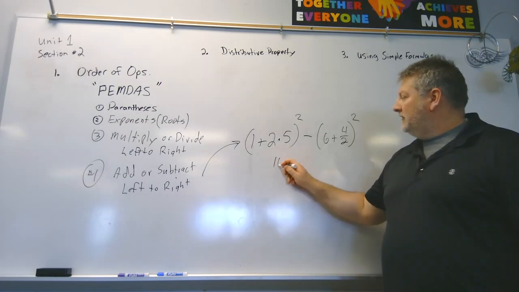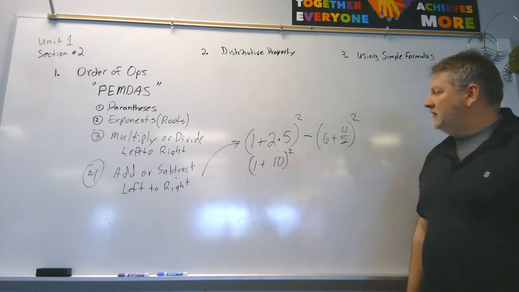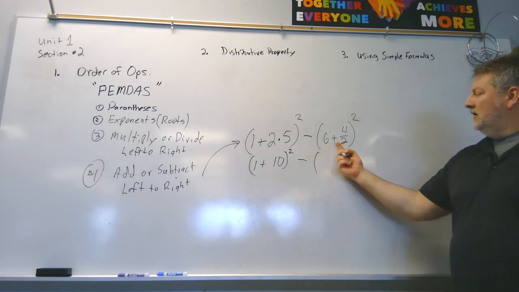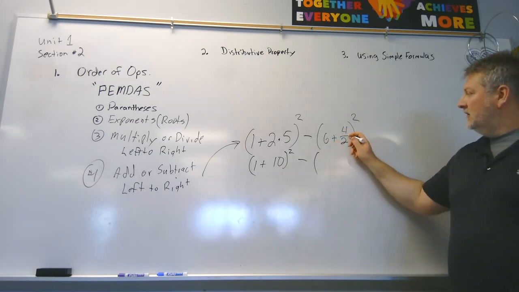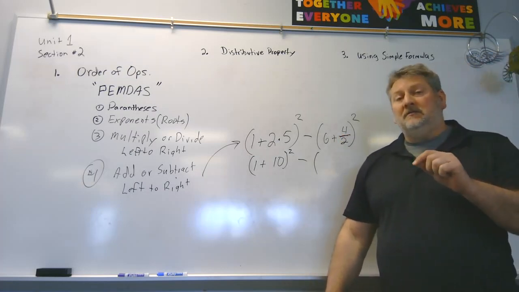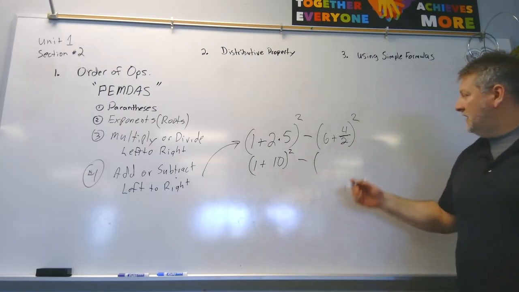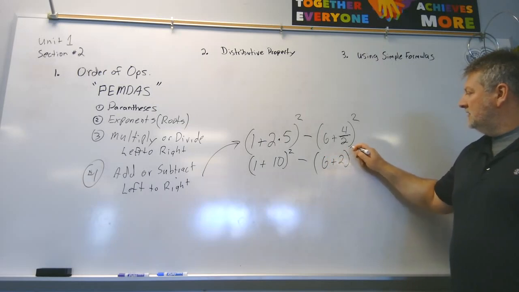So 2 times 5 comes first. Parentheses, there's my square. Minus, let's take care of this one. Again, I have 6 plus 4 divided by 2. I have to do division first because, again, order of operations, division comes before add or subtract. So 4 divided by 2 is 2.